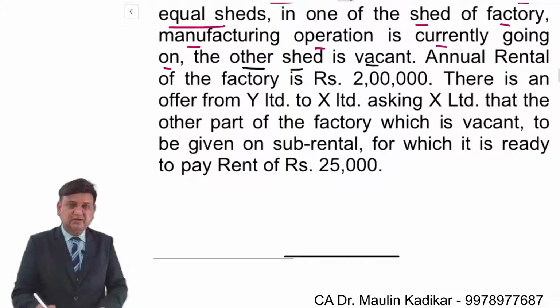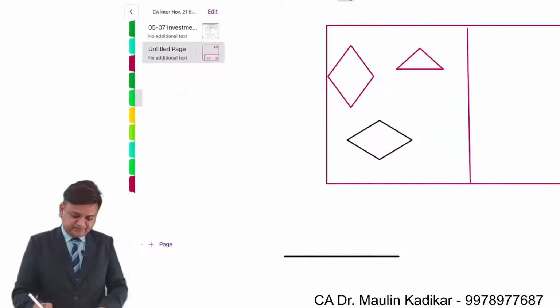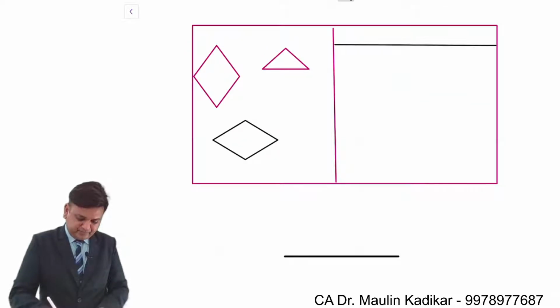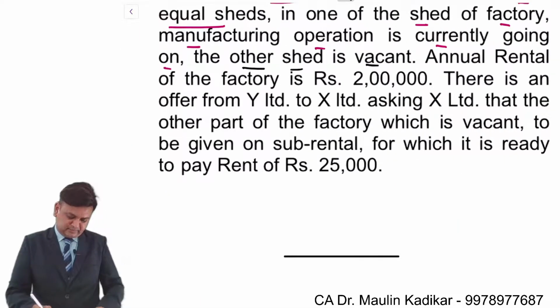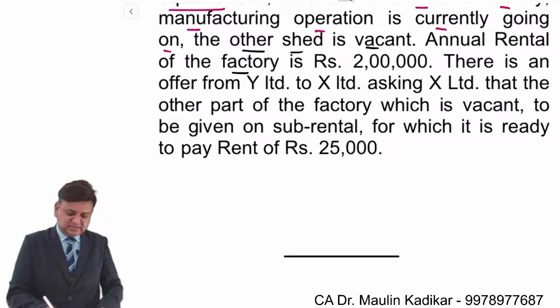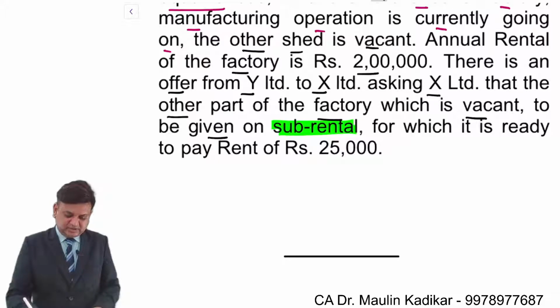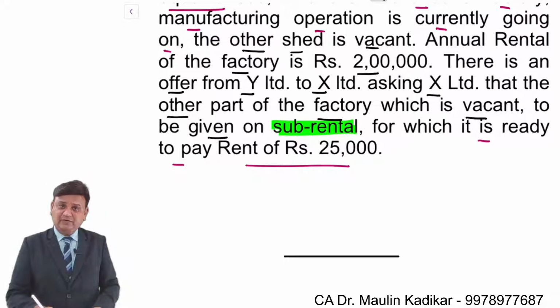The other shed is vacant. The other part of the premises is absolutely vacant. This is not used at all. The annual rent of the factory is 2 lakhs. There is an offer from Y Limited to X Limited, asking that the other part of the factory, which is vacant, be given on a sub-rental basis, for which it is ready to pay a rental of 25,000.